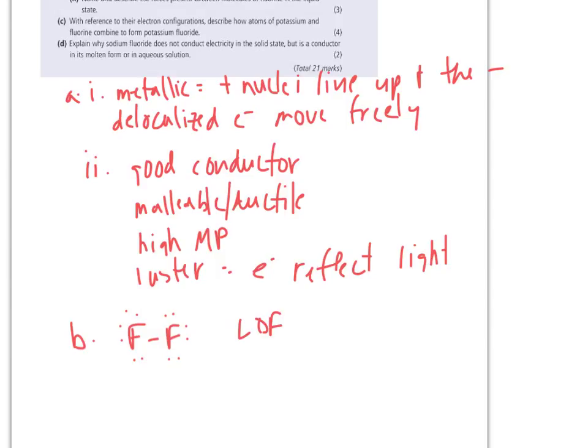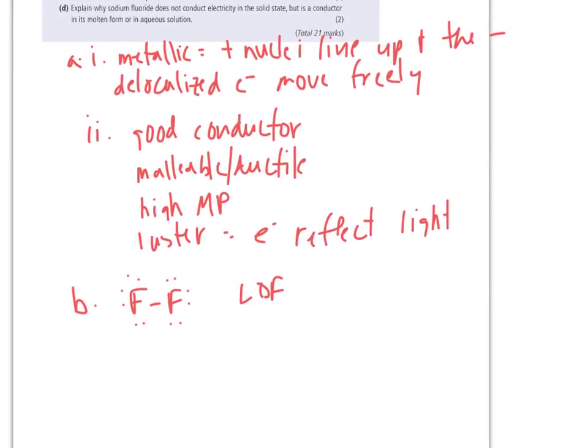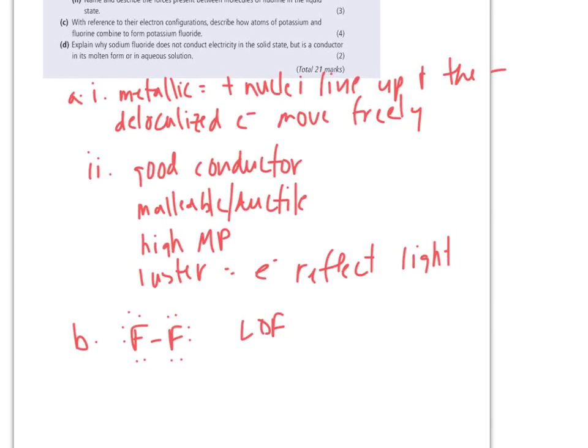C wants to know, with reference to their electron configurations, describe how potassium and fluorine combine to form potassium fluoride. So with their configurations, potassium is large, so it has low ionization energy, so it gives up its electron easily.